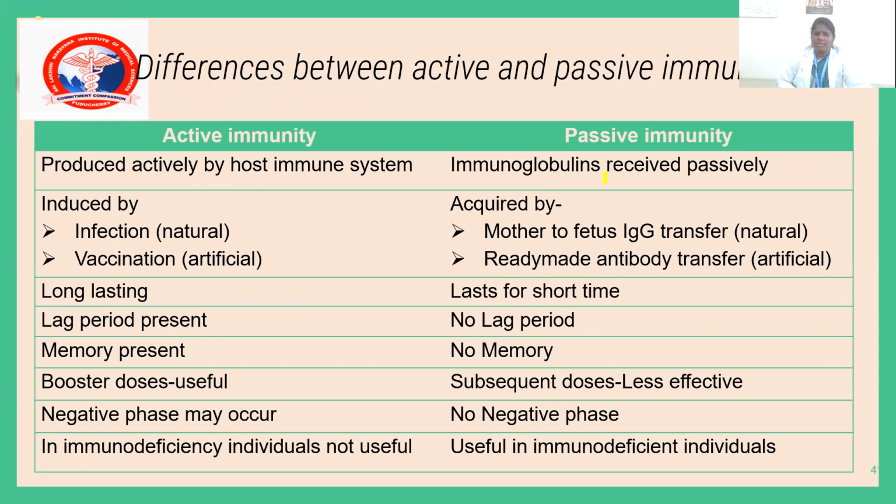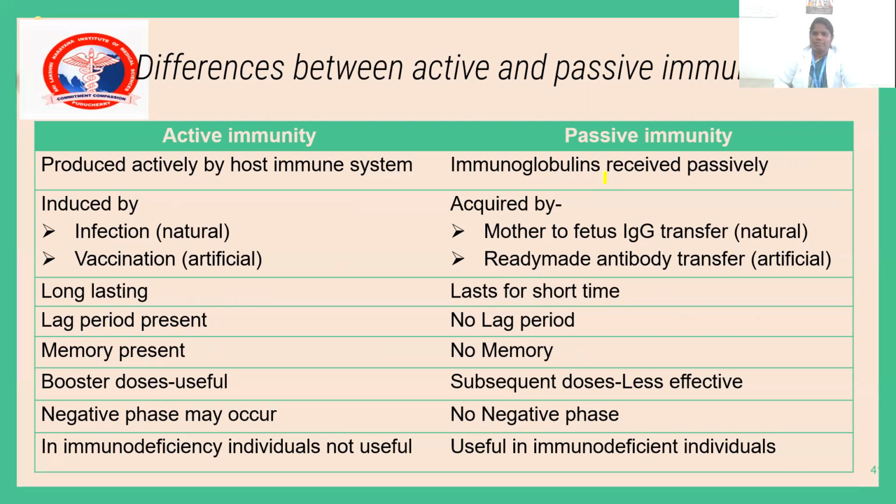It is long lasting in case of active immunity because my immune system gets activated and produces the immunity. There is a lag phase because once the antigen is exposed, my immune system gets activated, so it takes some time to produce the immune cells. It has a memory also. It needs a booster. It has the negative phase also, and it is less useful for an immune deficient individual.